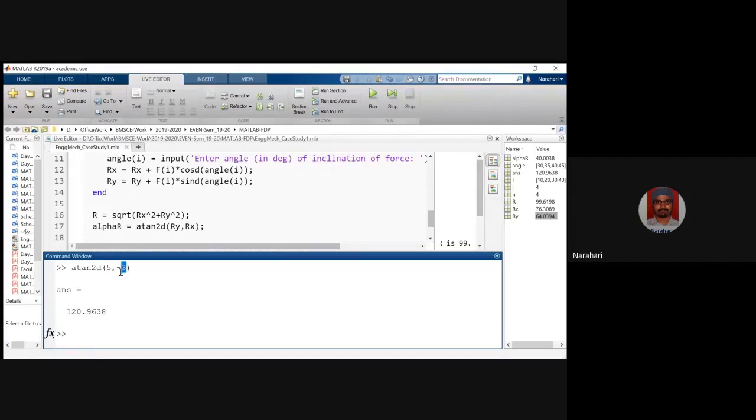Basically, minus 3 means x is negative. In atan2d you can see it says y comma x, so it is tan inverse of y by x. Now if y is positive and x is negative, it is in which quadrant? Second quadrant. So you should get an angle that is greater than 90 and less than 180.